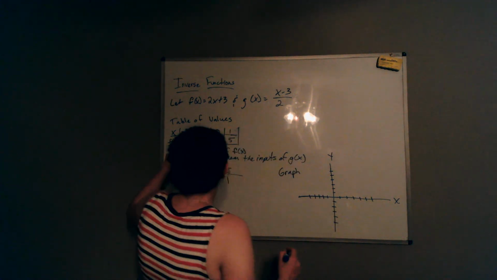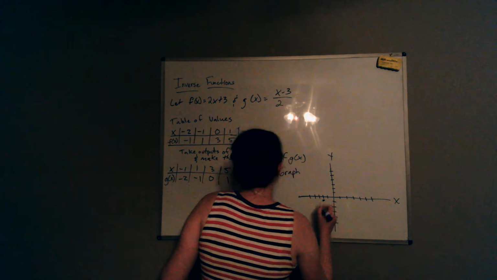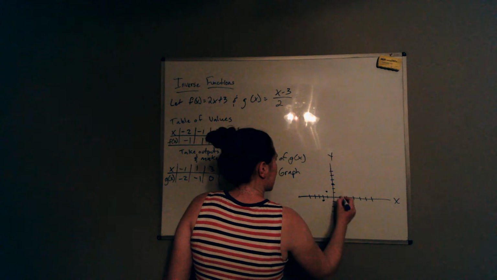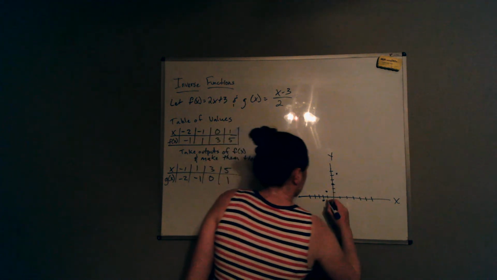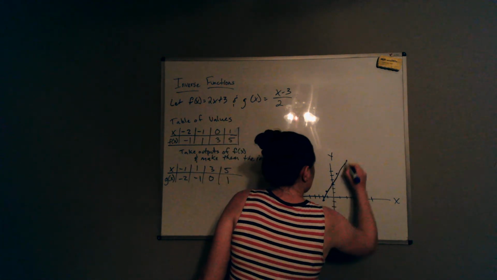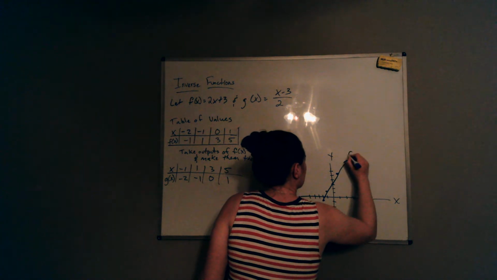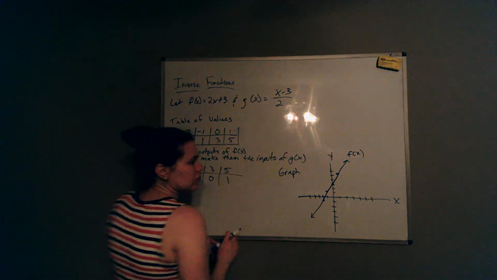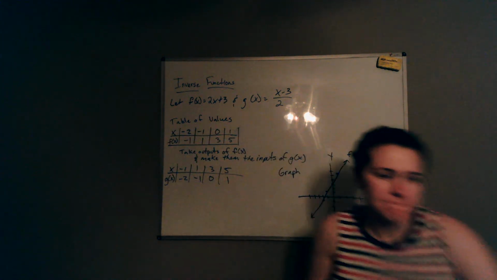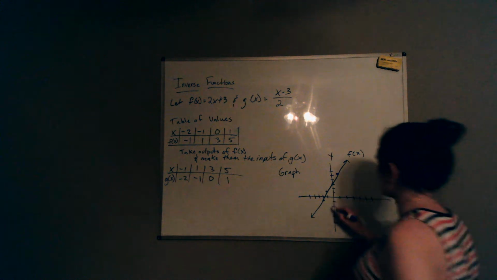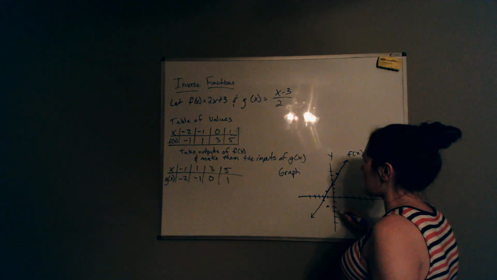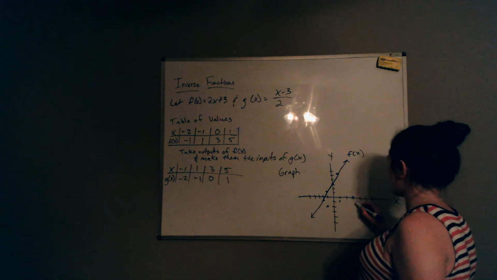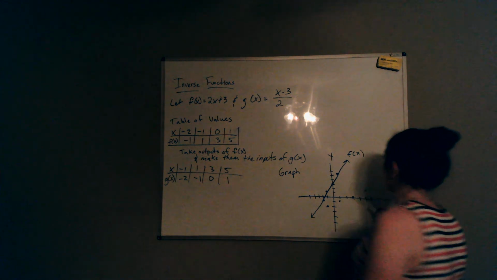So (-2, -1), (-1, 1), (0, 3), and (1, 5). That's f of x. G of x will be (-1, -2), (1, -1), (3, 0), and (5, 1).